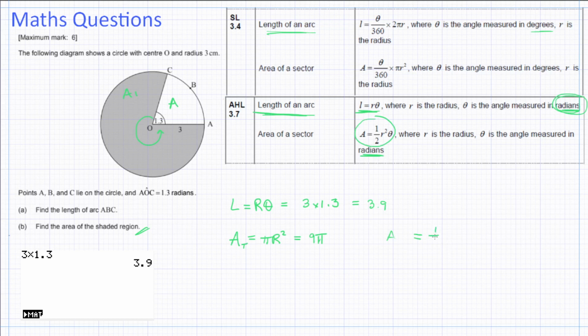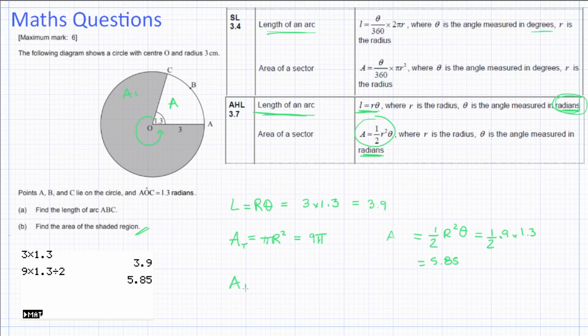So area would be half r squared theta, which is 9, and in this case the angle is 1.3. So let's get back to our calculator and let's do 9 times 1.3 divided by 2. So 5.85.